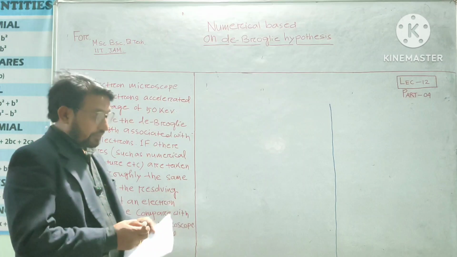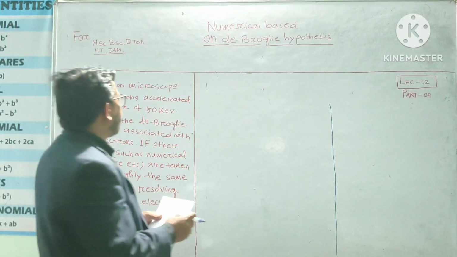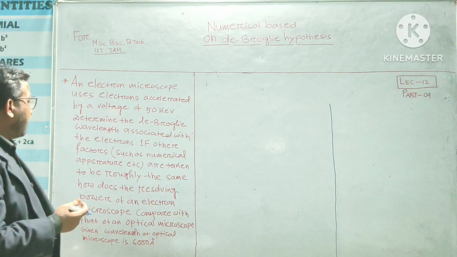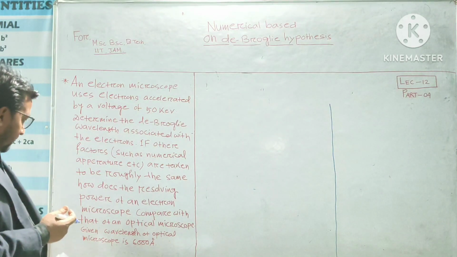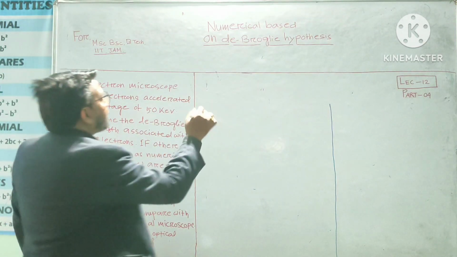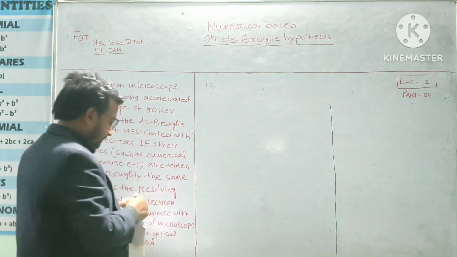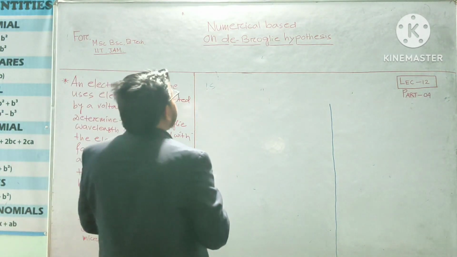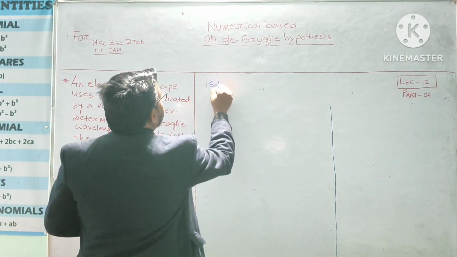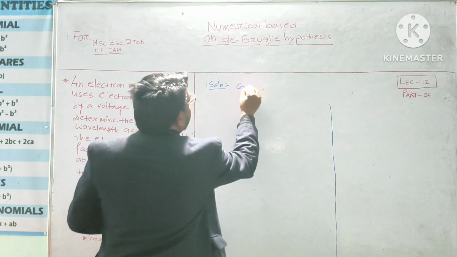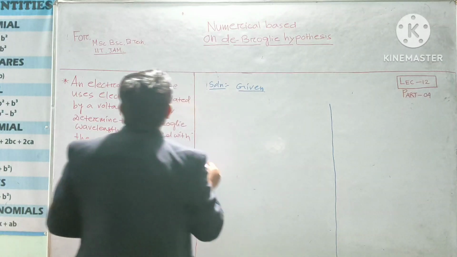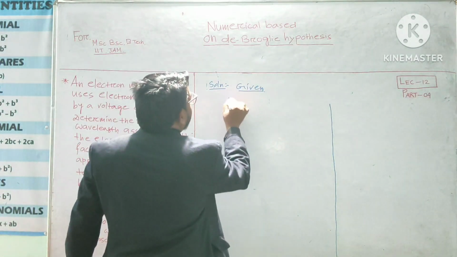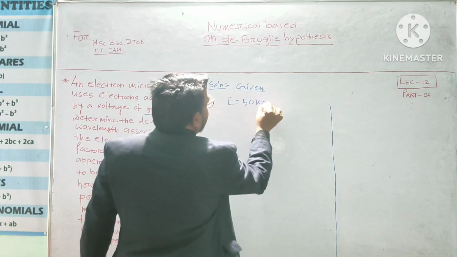Okay, so the given information of this question, first of all we are going to find out the wavelength of an electron microscope. Okay, solution. Given: energy is 50 kilo electron volt, so we can write E equal 50 kilo electron volt.